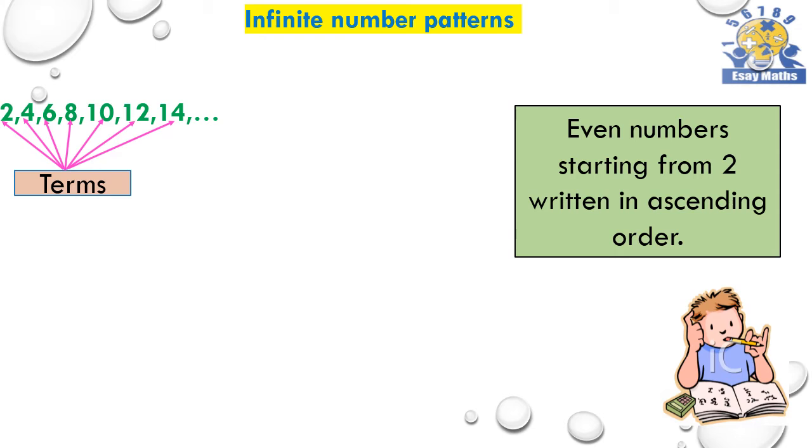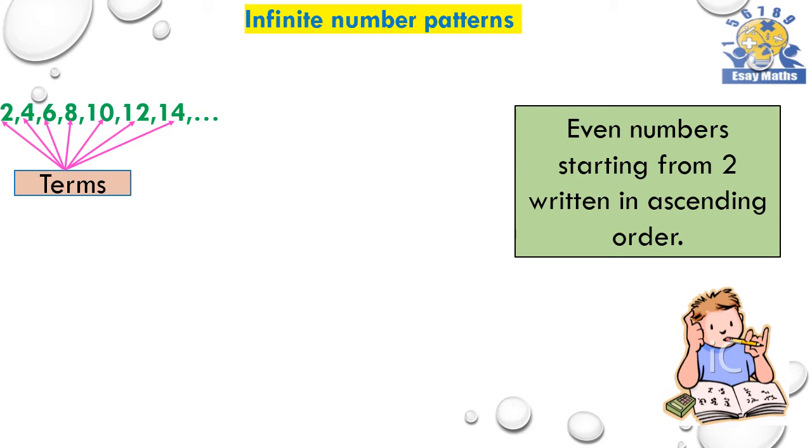And one of you can tell it as multiples of 2 starting from 2 written in ascending order. Both are correct. In here you know there is no limit in this number pattern. So we can write any number of even numbers.